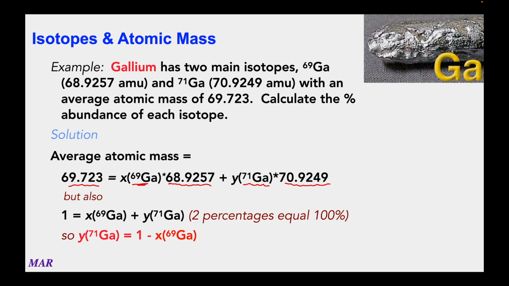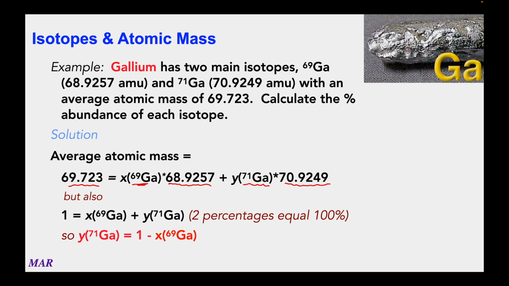However, the two abundances together have to equal 100%. Or if you're talking about them in decimal version, 1, which is 100% in decimal, equals X plus Y. So what you can do then is have one of them, we'll say Y, equals 1 minus X. If you subtract X from both sides on that last one, you get Y equals 1 minus X, and you're good to go.